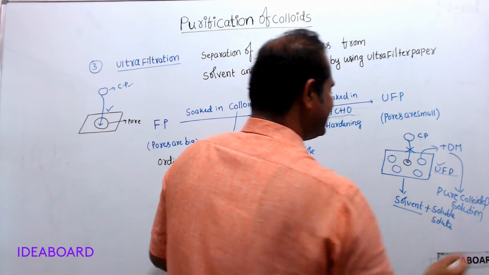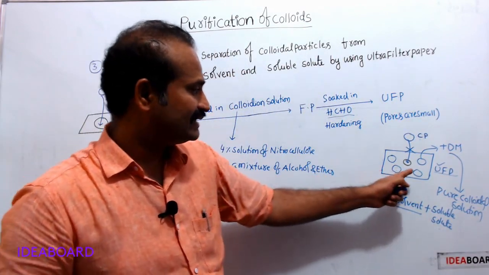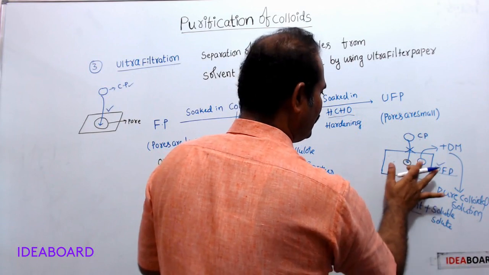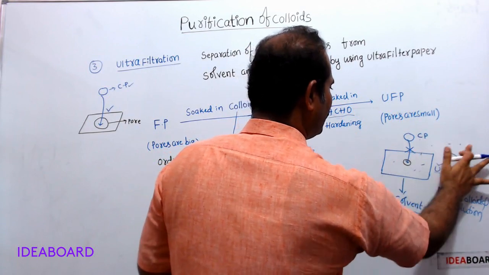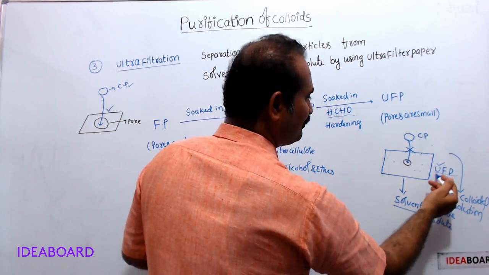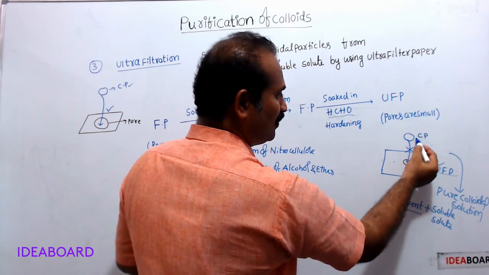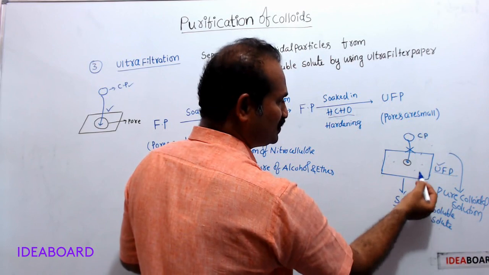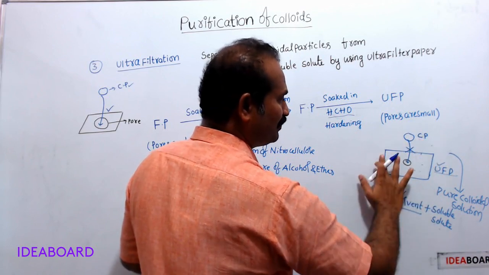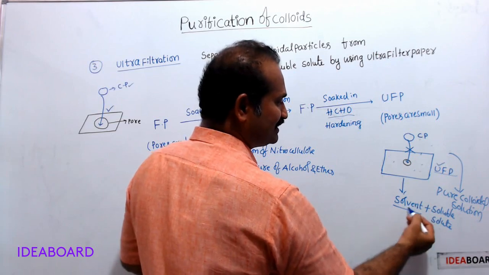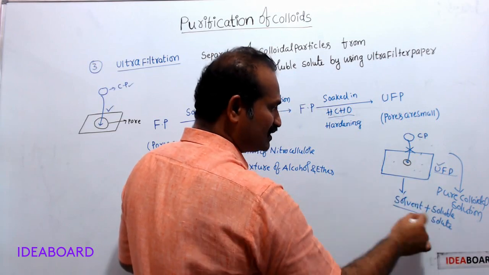Pure colloidal solution. See here, this is ultrafilter paper. Ultrafilter paper pores are small, so colloidal particles are not able to pass through these pores. Therefore, colloidal particles are trapped over the ultrafilter paper, whereas the remaining solvent and soluble salts pass through.